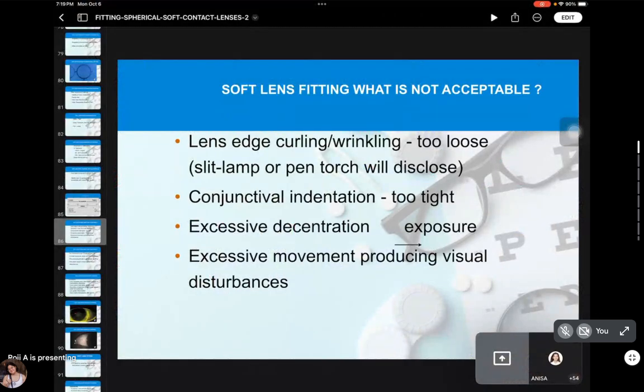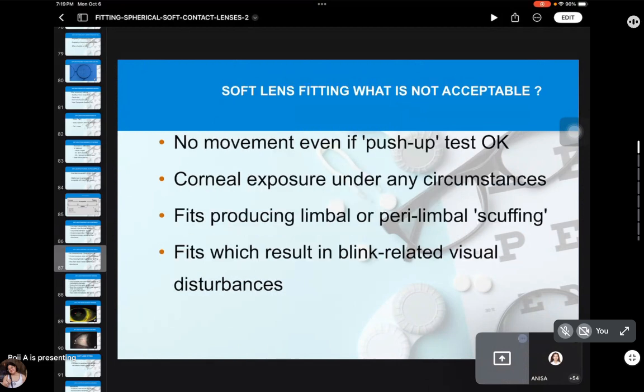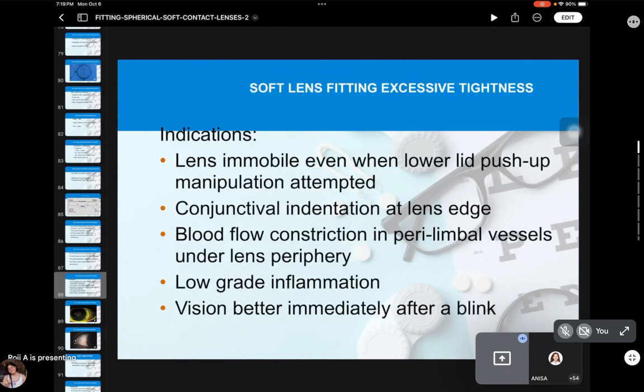Okay. So you have your excessive decentration, excessive movement, and disturbance, of course. No movement. You have corneal exposure under any circumstances. Fits producing limbal perilimbal scuffing. You don't like that. Fits which result in blink-related visual disturbances. You don't like that also. So, excessive tightness. Do you want that? Of course not.